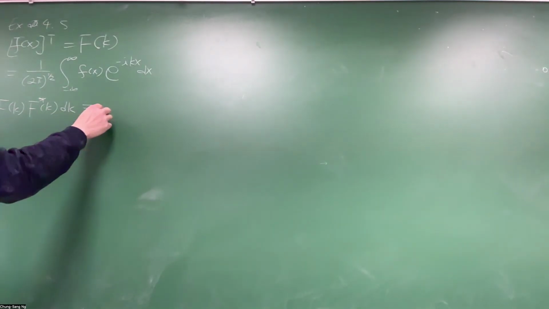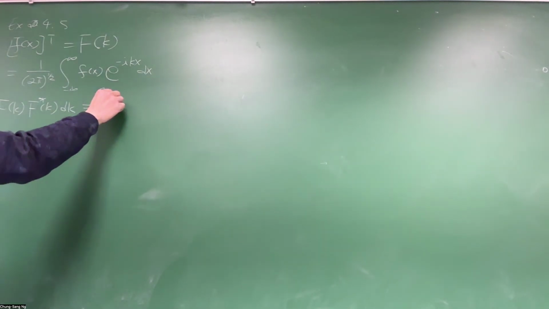Now you multiply F(k) and F complex conjugate of k, dk, and you try to get what that is. What you do is substitute the definition of the Fourier transform into this one and that one. But you need to be a little careful about the notation, because you already use k in this integration.